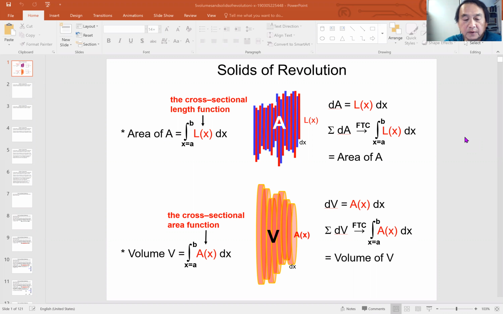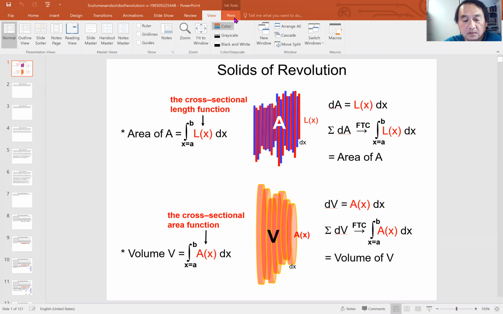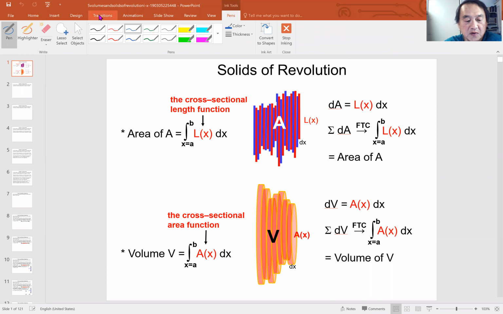From briefly from the past, we have these formulations of what is area, and the area is the sum of cross-sectional length times little width, and that sum turns into an integral. Then we have the second, which is the extension into the volume. What is volume?